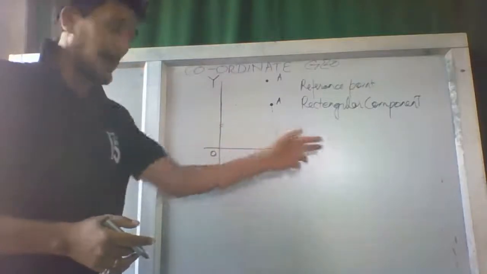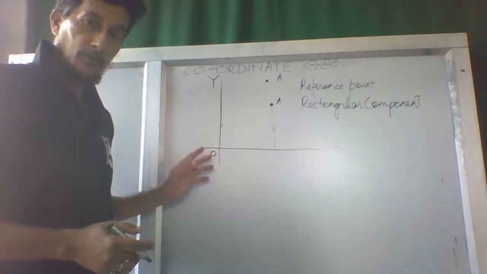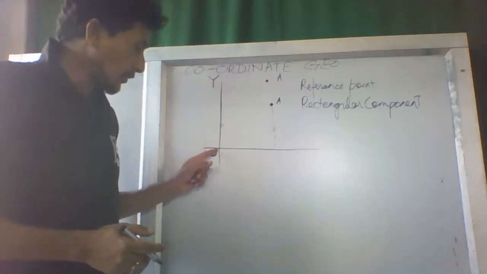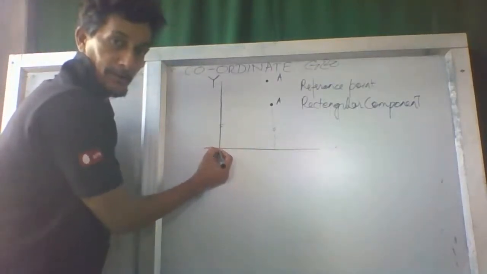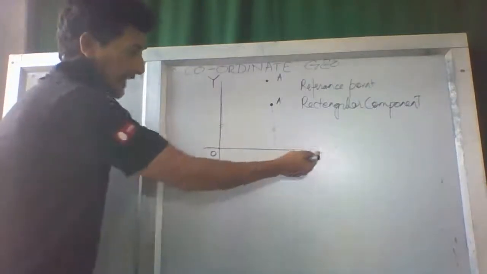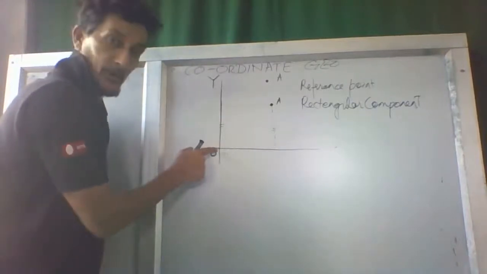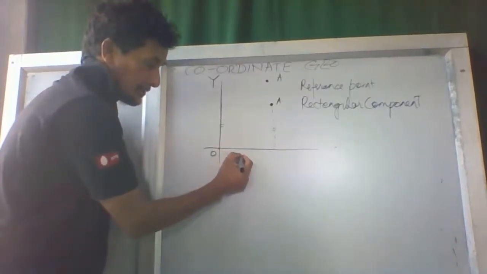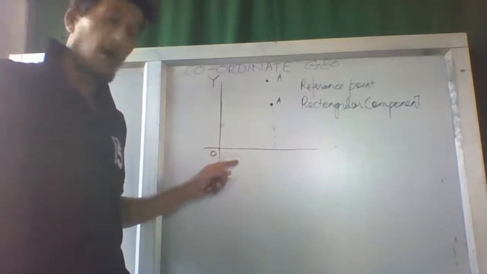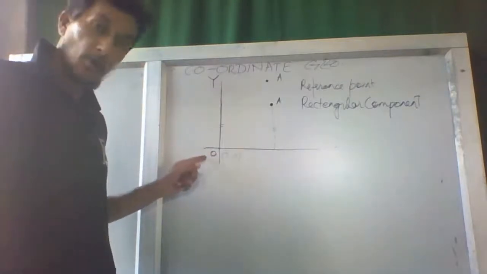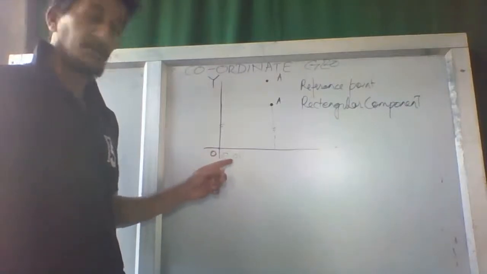Where both axes meet together is the origin O. At O, the x-axis has magnitude or numerical value 0, and the y-axis is also 0. So the coordinates of the origin will be written as 0, comma, 0.